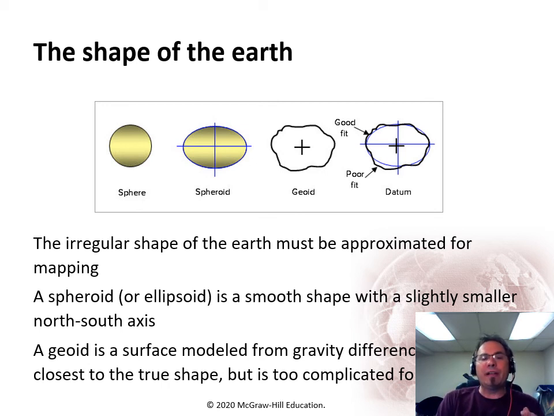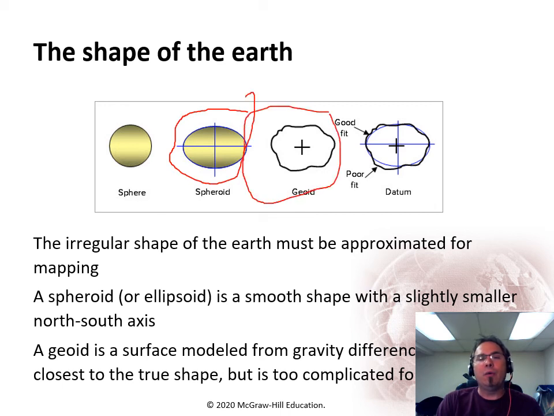So a geoid is a surface modeled from gravity differences to get to its closest shape because you're going to have higher gravity in mountain ranges, lower gravity in basins, things like that. But it's too complicated for mapping. Now, when you combine the spheroid with the geoid, what you get is called a datum.